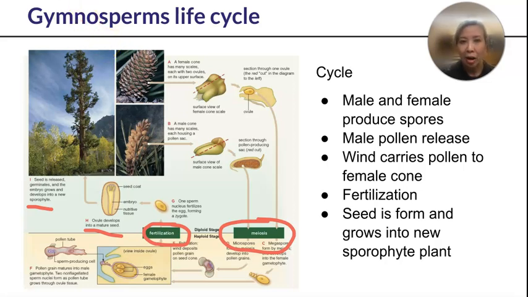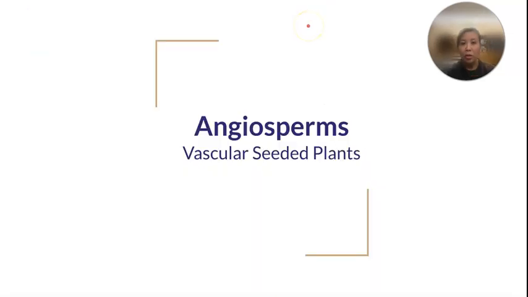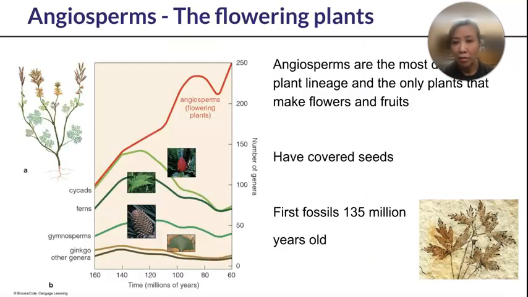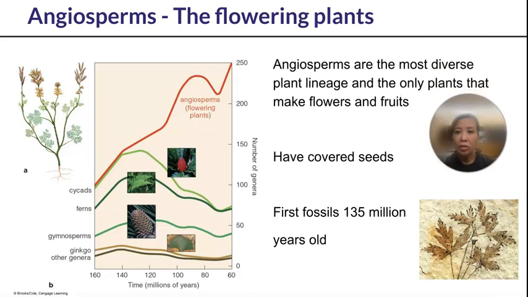All right. Our next lineage that we're going to look at is the angiosperm. What differs between the angiosperm and the gymnosperm is that they're both vascular seeded plants, but now we have the evolution of flowers. The angiosperm is when we start seeing flowers, and the angiosperm lineage is the most diverse plant lineage.